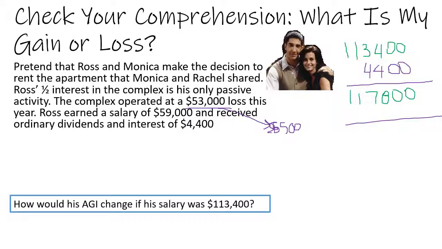So what does this do to his real estate passive loss deduction? We know that it begins to phase out above $100,000. So first, we have to compute the amount that Ross's income exceeds this threshold. In our case, since it's $100K, it's a simple $17,800.